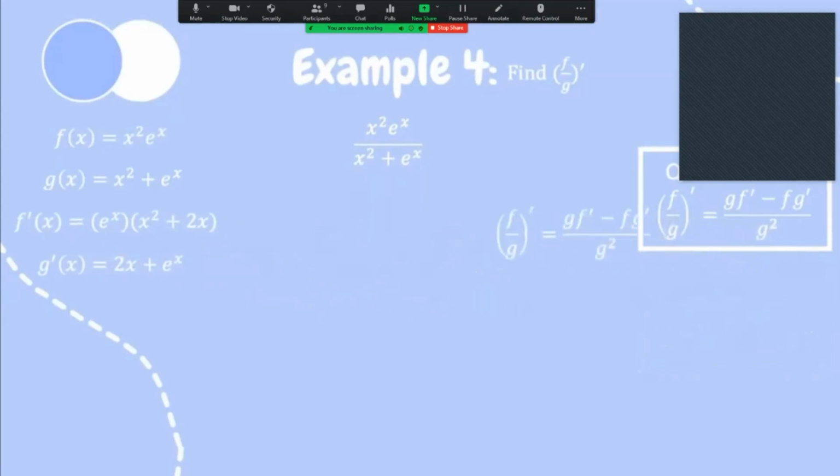Okay. Now we substitute everything into the quotient rule.